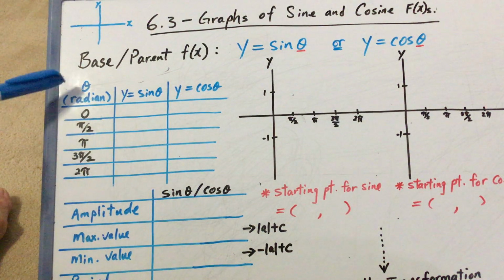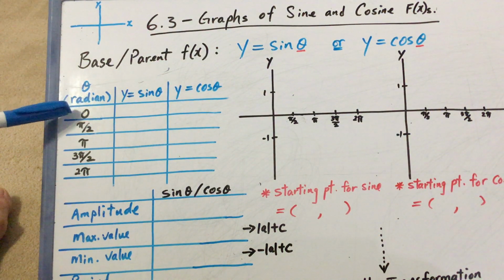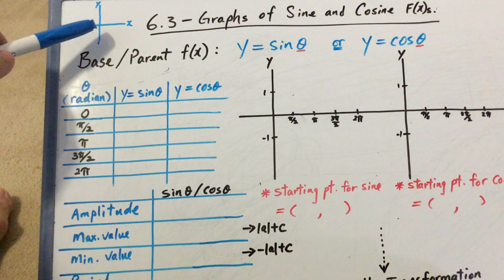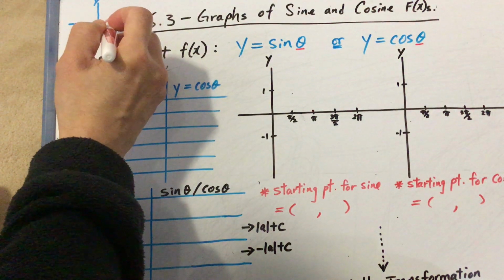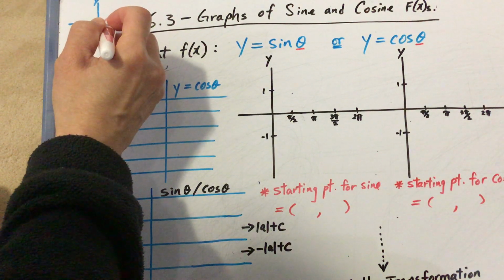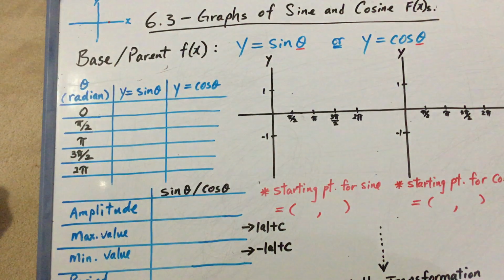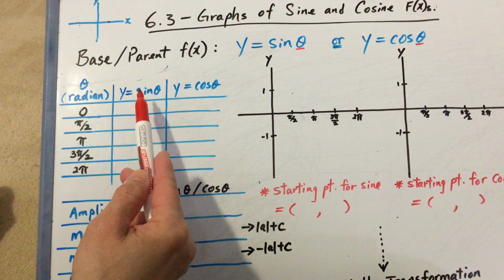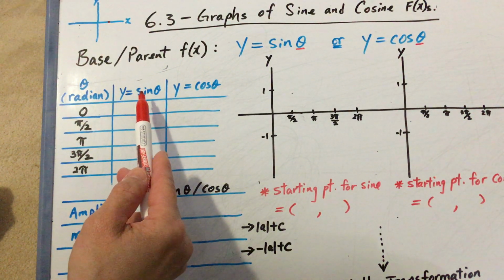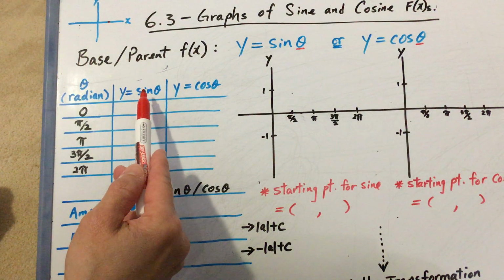So if the angle theta is equal to 0, think about it: that means the angle will start from here. And we already know from the previous sections that the sine will represent the y.